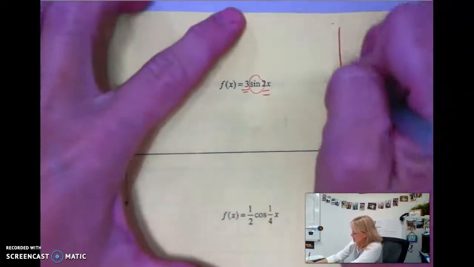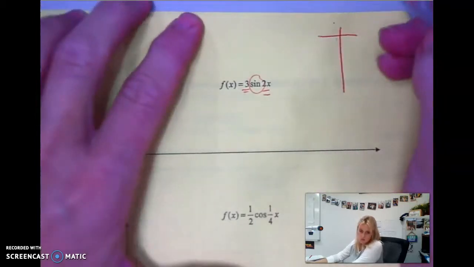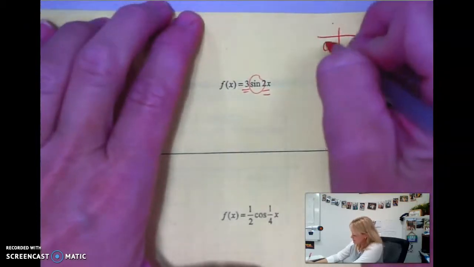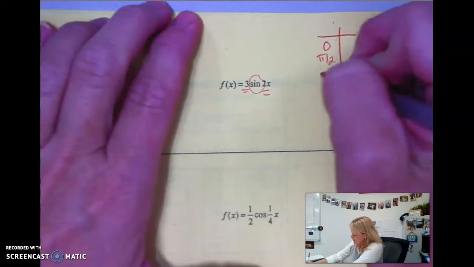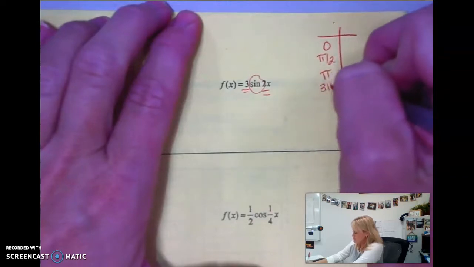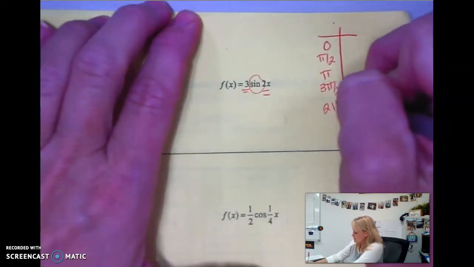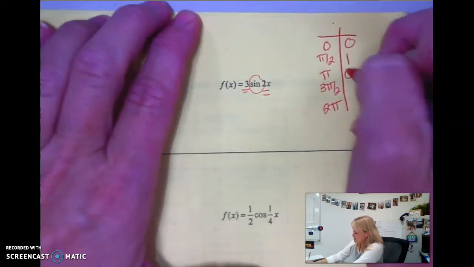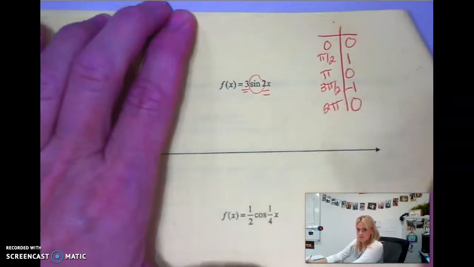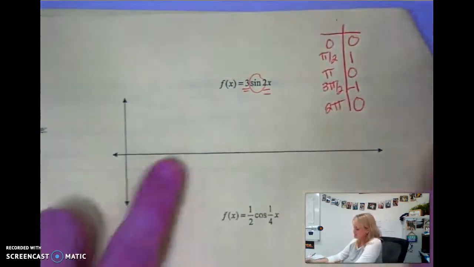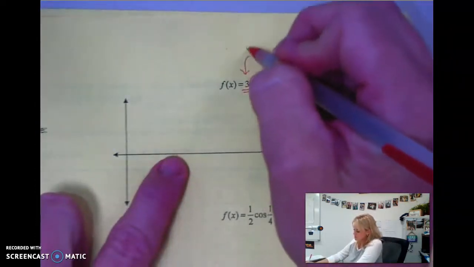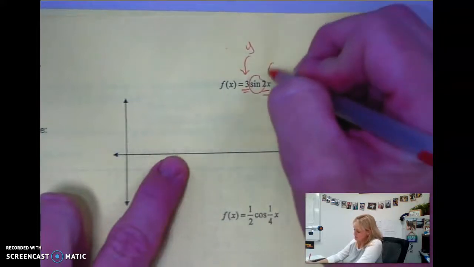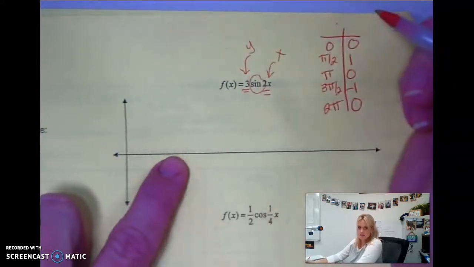So my parent graph or t-chart is 0, 1/2 pi, pi, 3 pi over 2, and 2 pi. And the sine wave starts at 0, goes up to 1, back to 0, -1 and 0. Okay? Amplitude affects the y side of the chart. Period affects the x side of the chart.